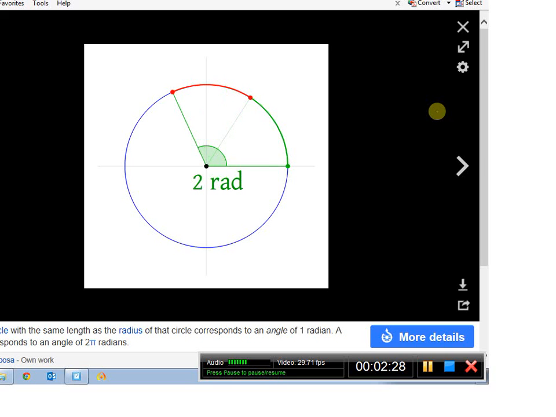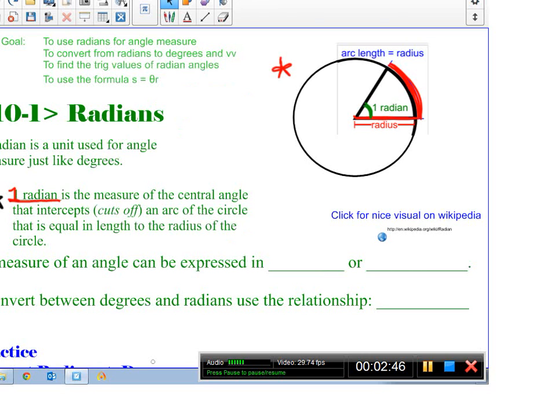Then they go to 2 and 3, and you can see a little bit more would get you to 180 degrees. That's pi. And all the way around, 2 pi. So you can go back to Wikipedia on your own as well and look that up. Pretty cool.